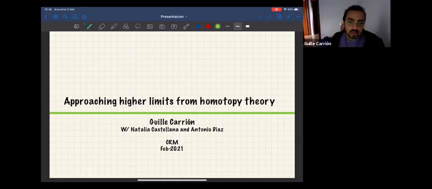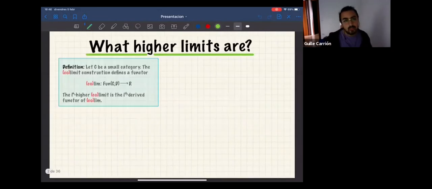I'm going to talk about my thesis project. It's about computing higher limits using model categories. I want to start from the beginning. I don't know if anyone is familiar with higher limits, but I want to introduce them a little bit.